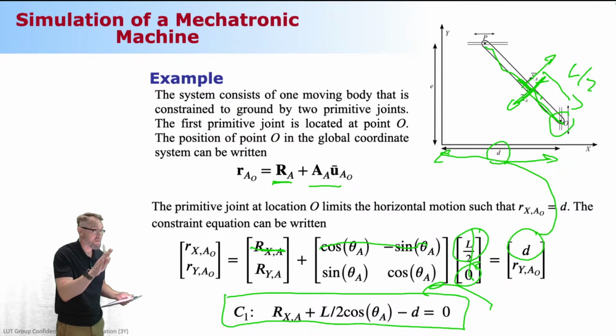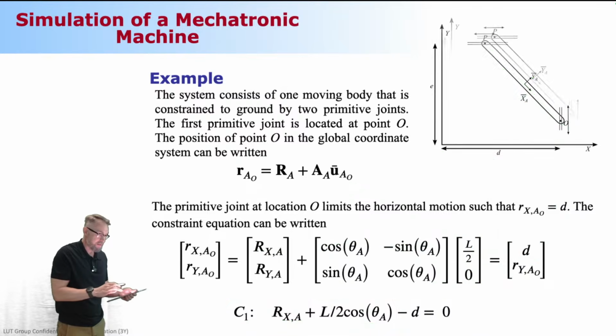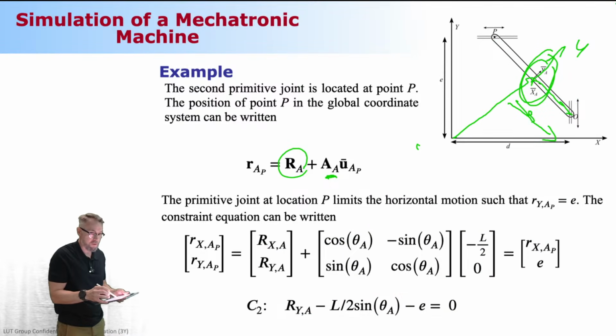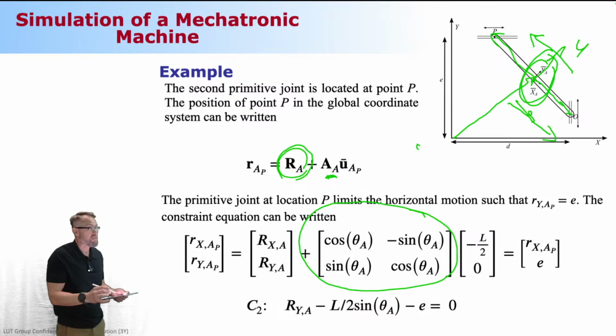Can we continue? Then P, same story, but we're going to this point here. We're going to make use of this R vector, and then take a rotation matrix into account, and then we need to travel in the negative direction of the x coordinate axis. Negative, because the positive is pointing downwards. So this is where the minus L divided by 2 is coming from.